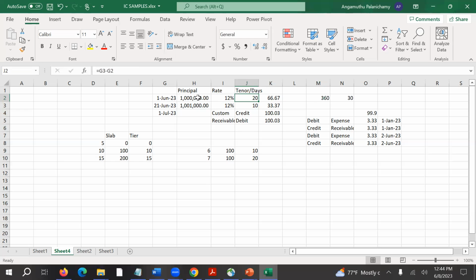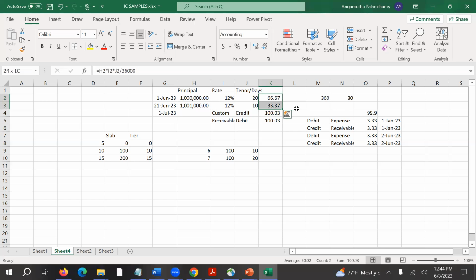Number of days is very different. So what will happen? In February month I will give different interest, and January month I will give different interest. March, April I will give different interest, because one has 31 days, one has 28 days or 29 days, and one has 30 days.